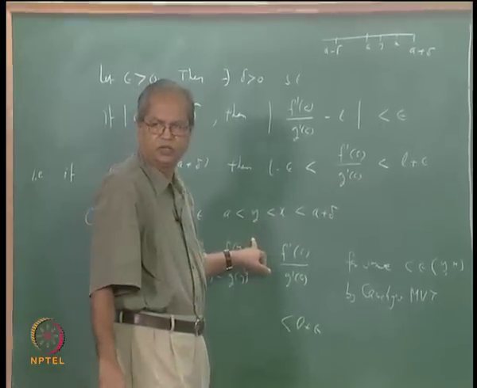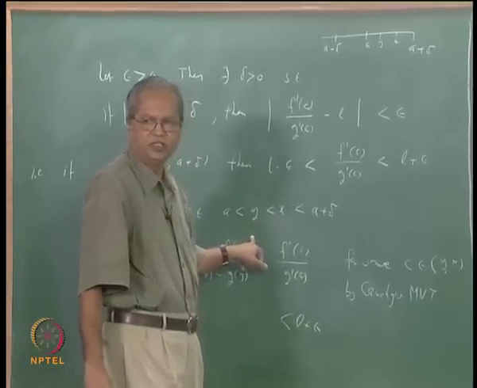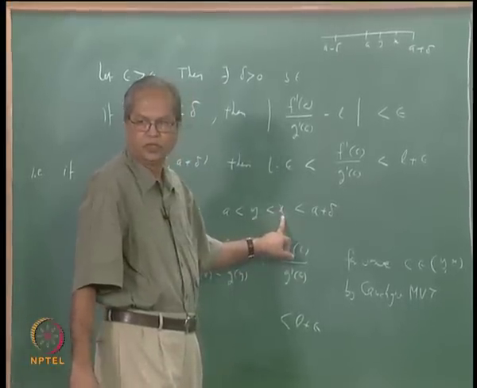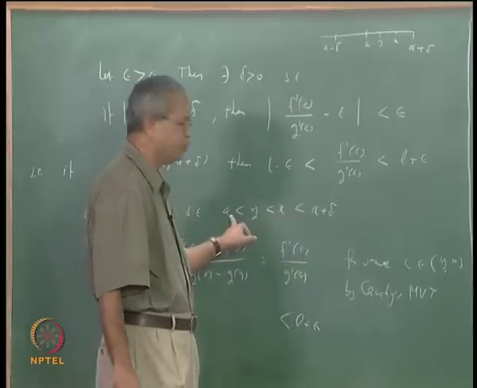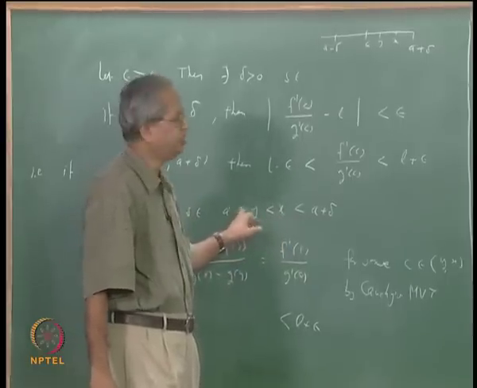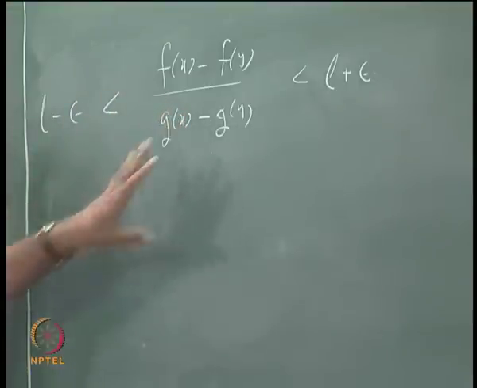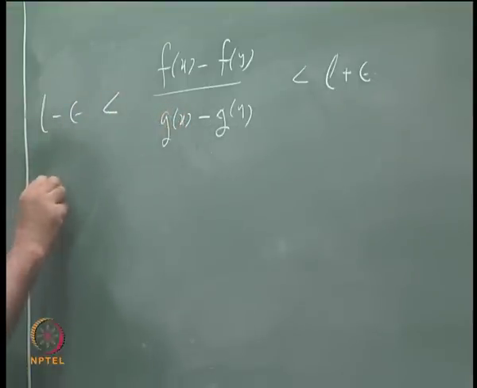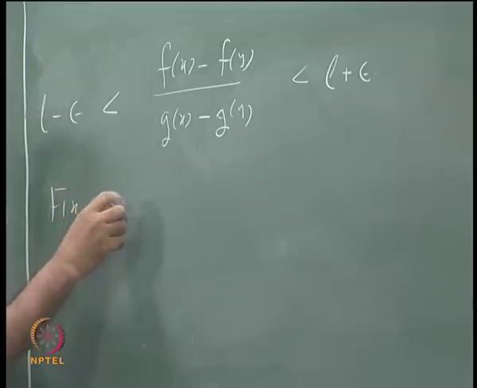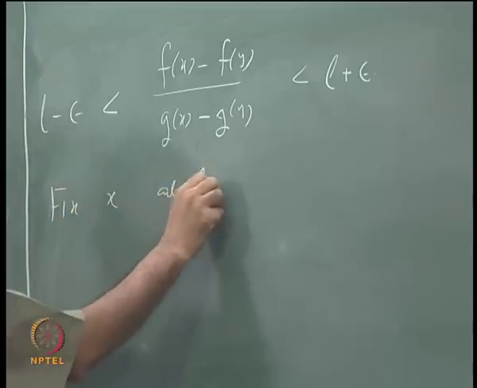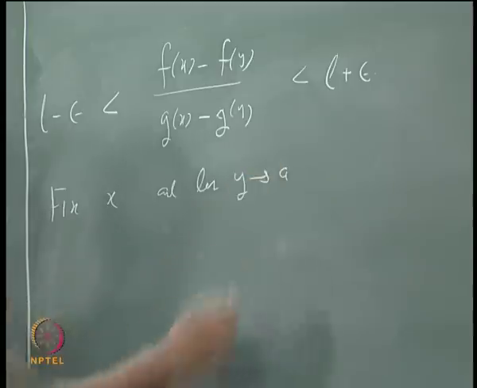So what I would now say is that you fix this x and let this y approach a, because this inequality is true for all y. So we can say that fix x and let y tend to a.